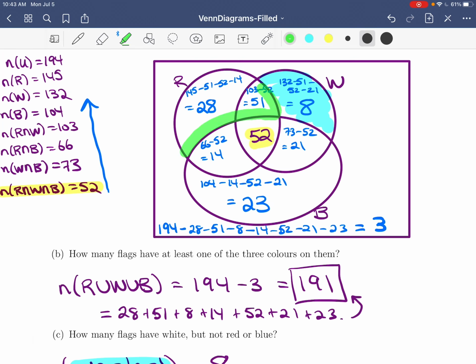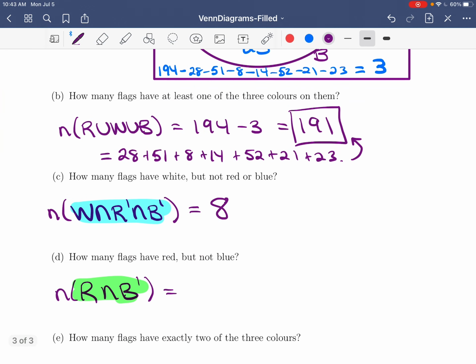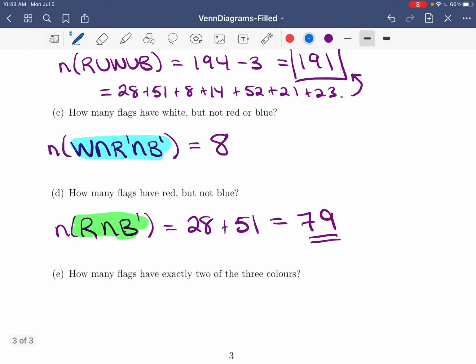Okay, so they're in red, but they're not in blue. That's going to be these two here. Okay, so for this one, all we have to do is 28 plus 51, which is 79. Okay, now this is the number that's in red and not blue and not white.